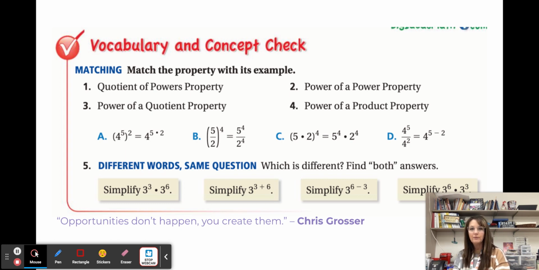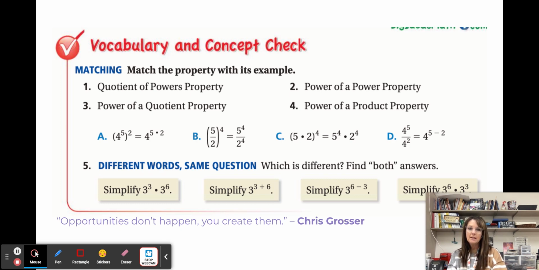But looks like 1 through 4 is matching. So if you're choosing 1 through 4, if you're doing the matching, you'll need to put the matches together, like 1A, 2B, 3C, 4D. And obviously that's probably not the case, but go ahead and put the letters and numbers together as which ones are matching.